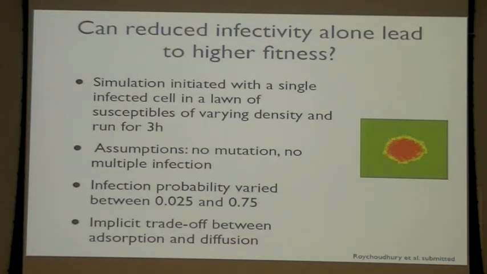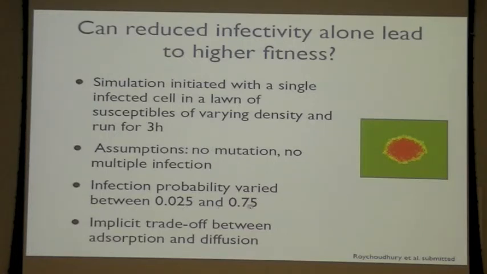And we let the simulation go for 3 hours in lawns with varying host density. This was a very simple model, no mutation, no multiple infection, and all we did was vary the infection probability. So low infection probability means low, slow absorption, and so on.